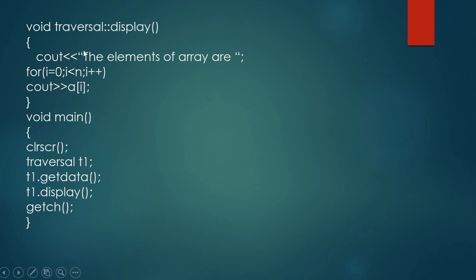Means suppose if n is 5, then it will print a of 0, a of 1, a of 2, a of 3 and a of 4. In display it will print all the elements. Then in main, creating one object, then calling those two functions, getdata and display. This is the program for the traversal of an array.